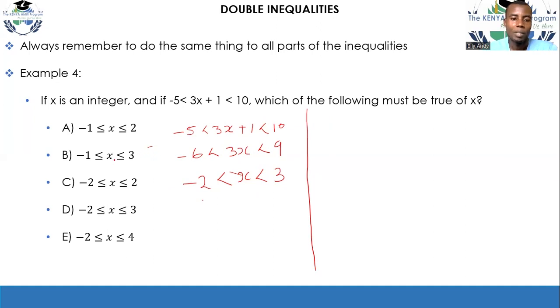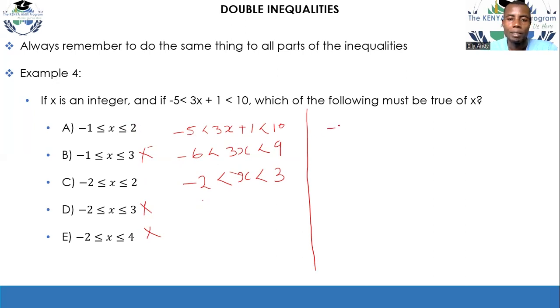So for example, here we have x being less than or equal to. But our simplified inequality requires x to be less than 3, not equal to. So we'll rule out this. For the same reason, we'll eliminate this and also eliminate this one here. So that brings us to two answer choices, A and C.